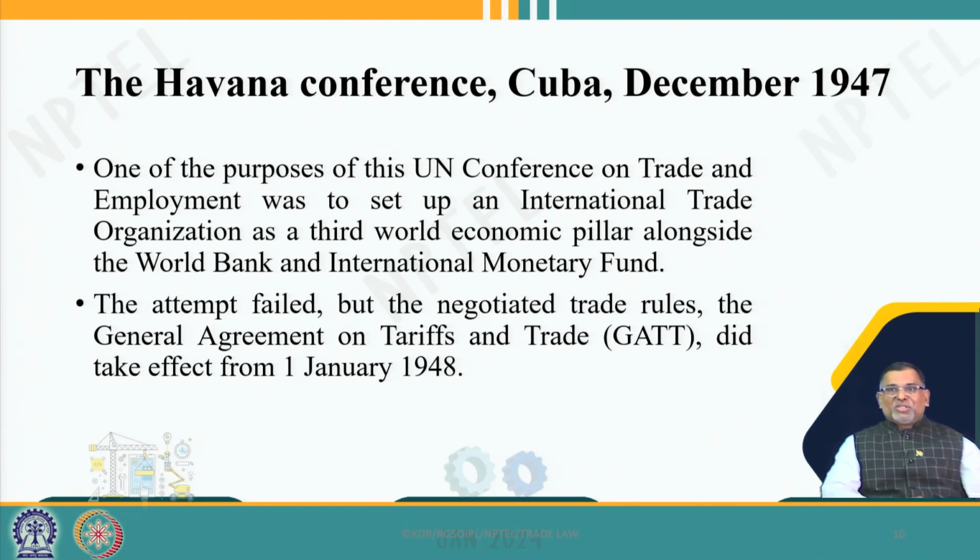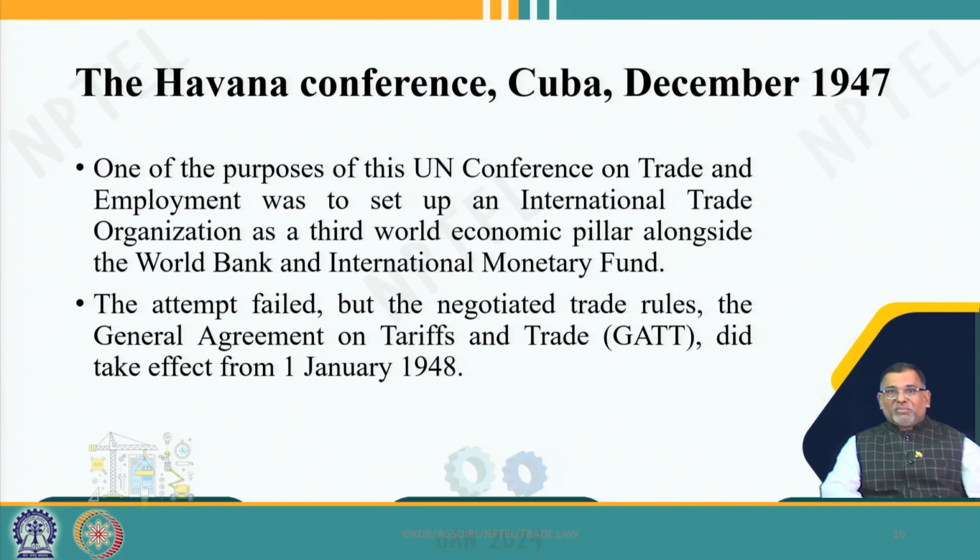Two organizations took off, and the third, the most important trade organization, the International Trade Organization, ITO, did not take off mainly because of non-cooperation. The American president declared that they were not going to approve it. So, the ITO failed, but the GATT emerged.